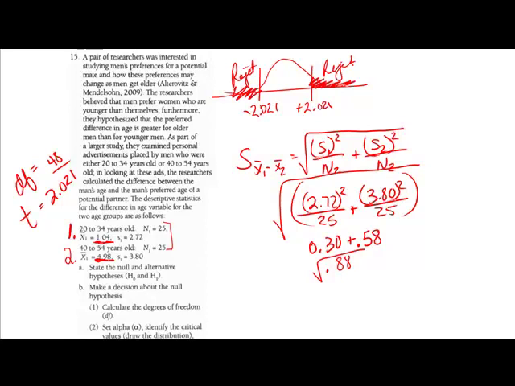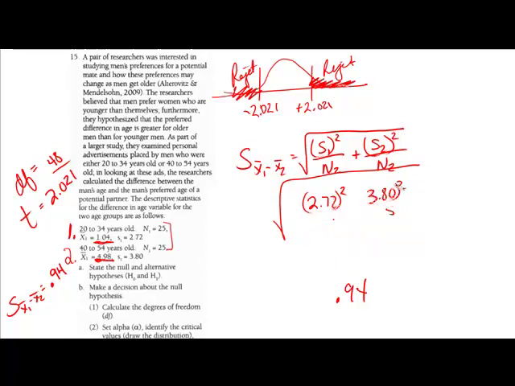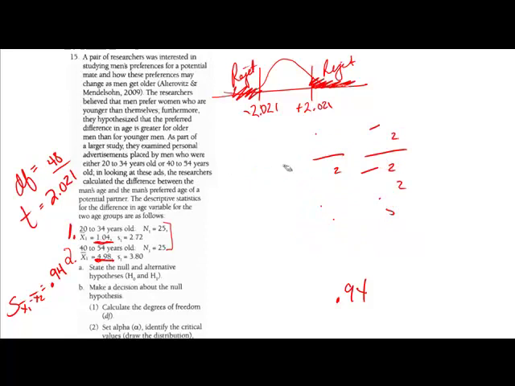We got to take the square root of that. 0.938, let's call that 0.94. Okay, so let's write that off to the side here. And now I need some room to calculate my t. Let's do some erasing.